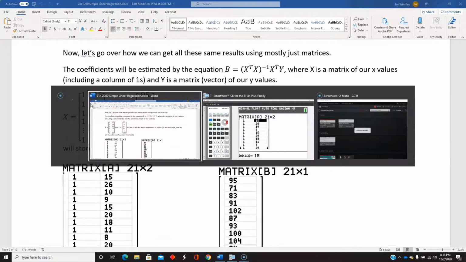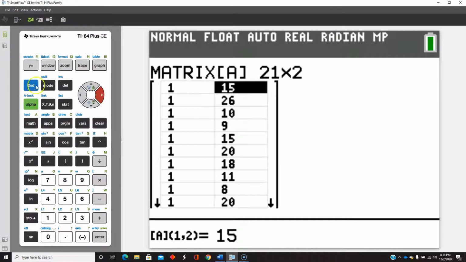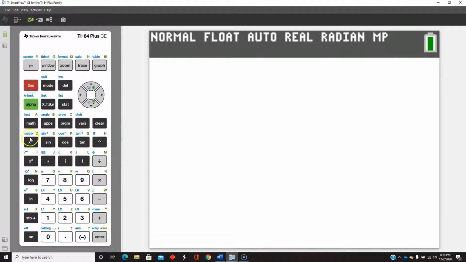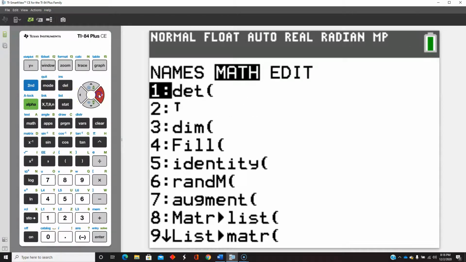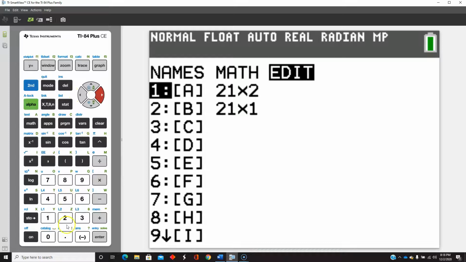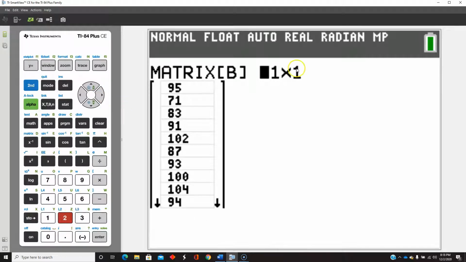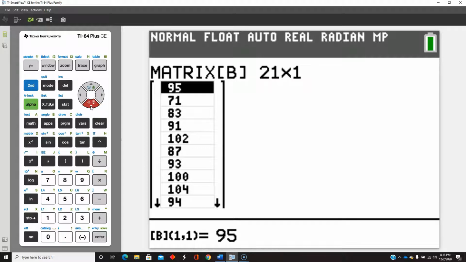Okay, so then once you have that entered, you need a matrix B, which is going to be 21 by 1, and it's going to have all of our Y values, which were the Gesell scores. So that all goes in matrix B.